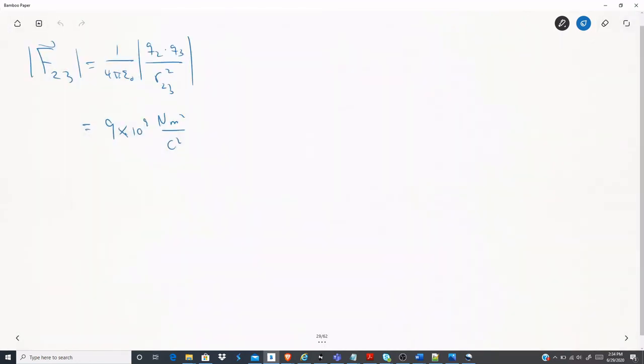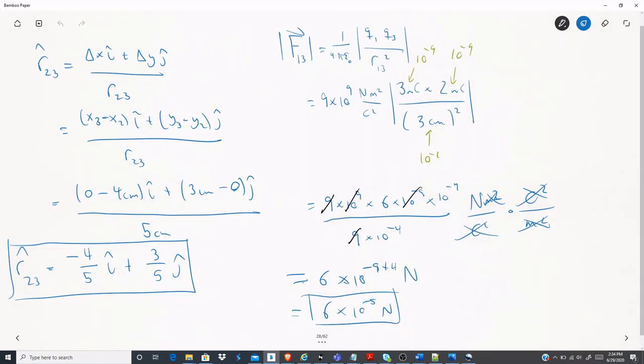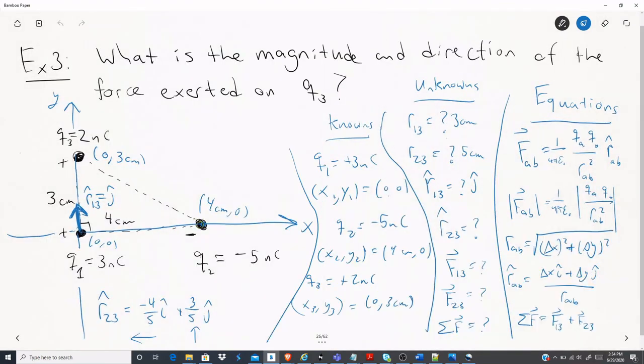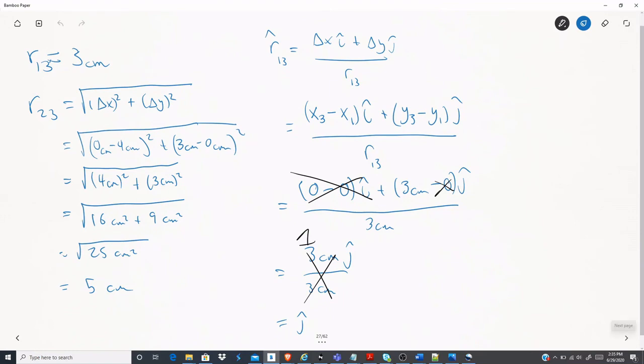Okay, so back to the force that 2 exerts on 3. I'll have the absolute value. The distance is 5 centimeters squared. The magnitude of the charges is what? So Q2 is negative 5 nanocoulombs, and Q3 is 2 nanocoulombs.